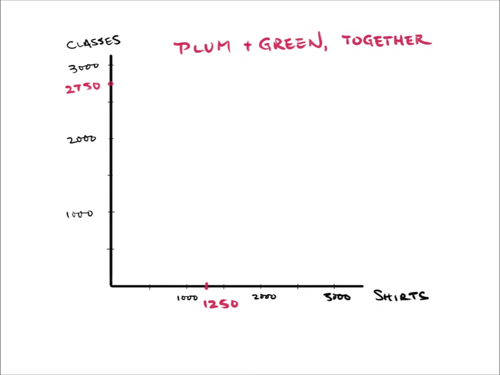If both of them spend all their time teaching, Mr. Plum can produce 5 times 250 equals 1,250 classes per year plus 0 shirts. If Green spends all of her time teaching, that's 6 times 250 equals 1,500 classes, but again with 0 shirts. So add those together, 2,750 classes. That's one point that is on the frontier.